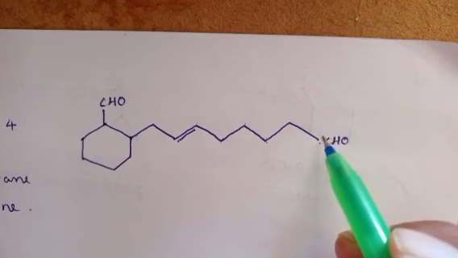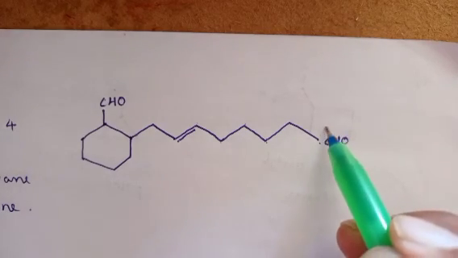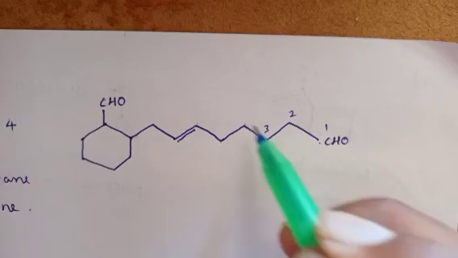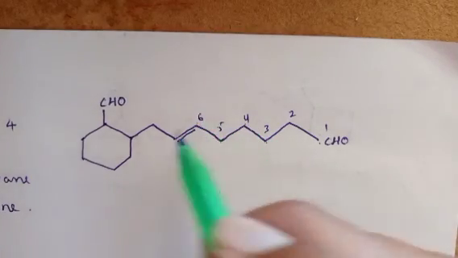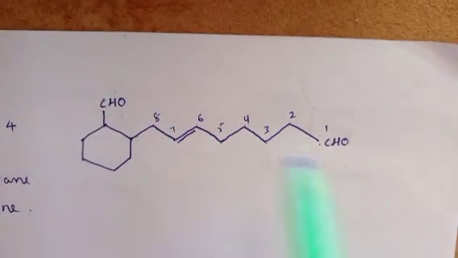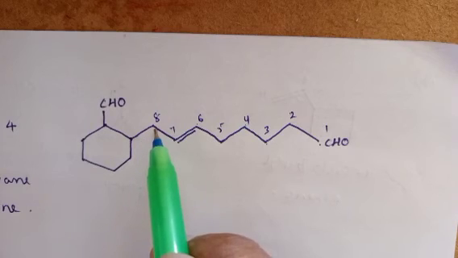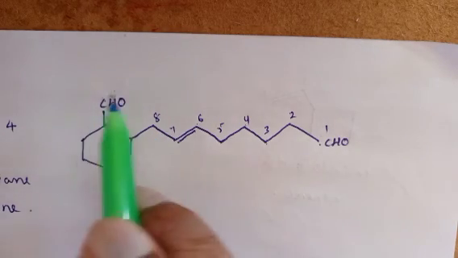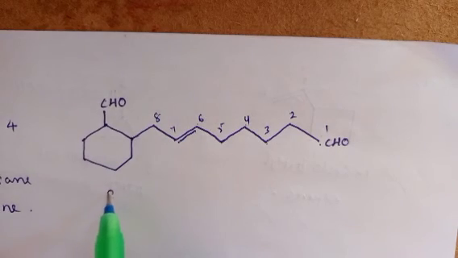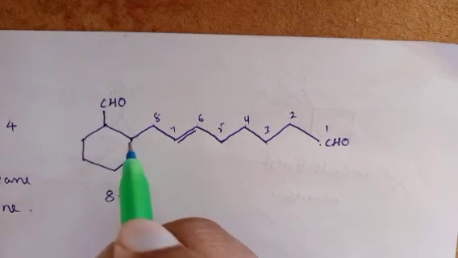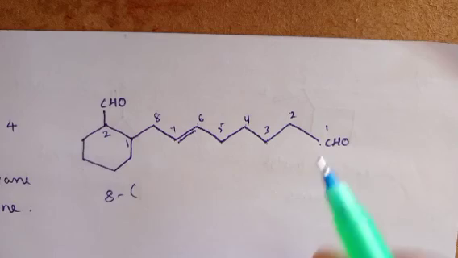Give the numbering, because this one contains the main functional group: 1, 2, 3, 4, 5, 6, 7, 8. So in the alkyl part, at the 8th carbon, this substitution is attached. What is this substitution? This is the first carbon, this is the second carbon.